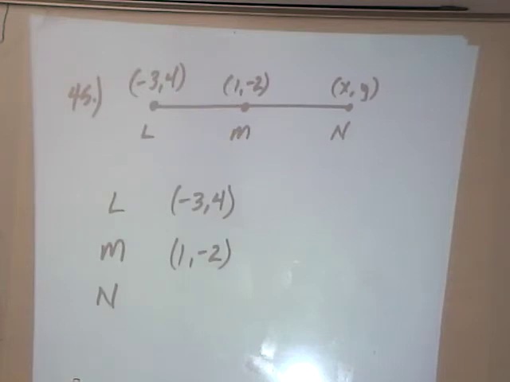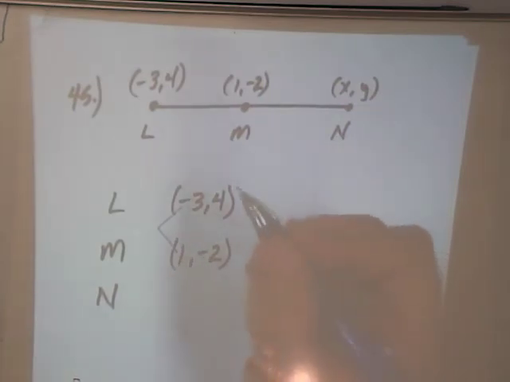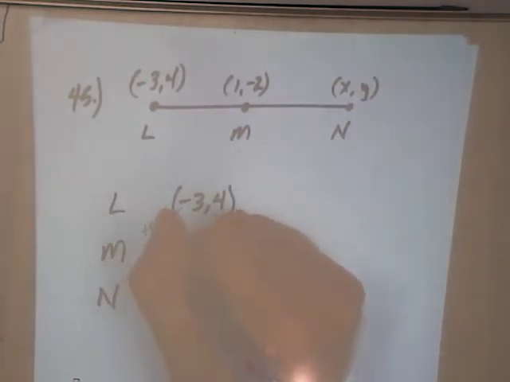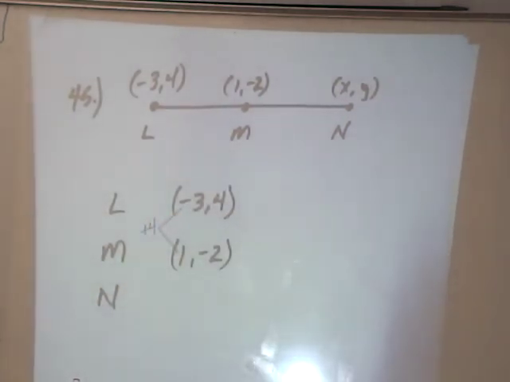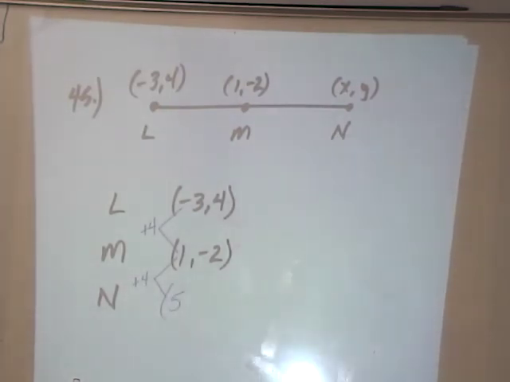Now think of a number line. What do I have to do to get from -3 to 1? Add 4, right? So let's add 4 again. What do you get? 5, right? Good. Think of a number line.